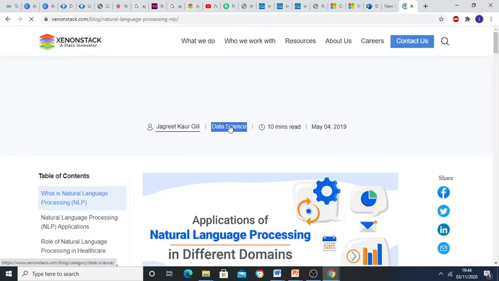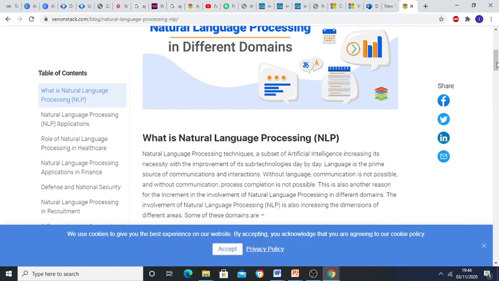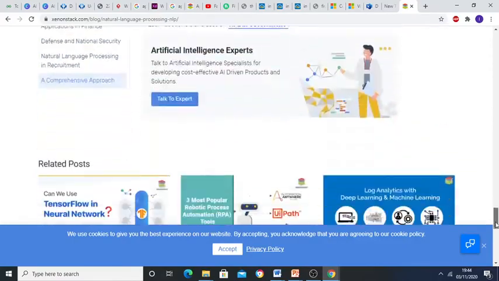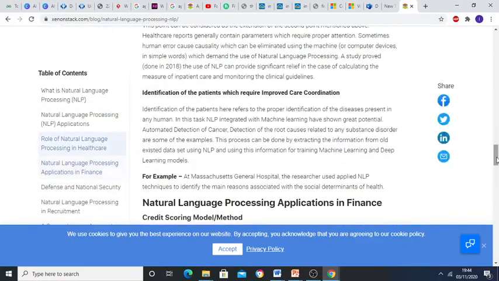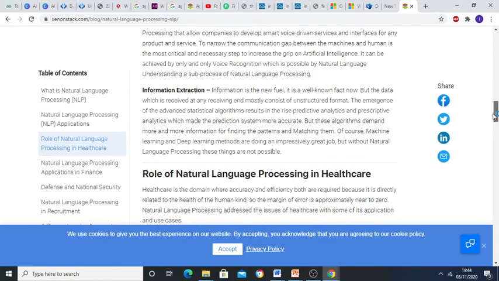I want to show you a diagram. Beautiful diagram that tells the story of the architecture of natural language processing.